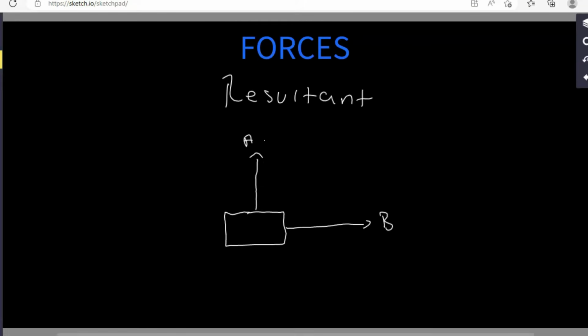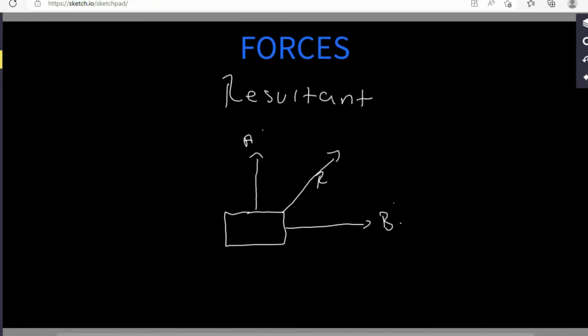If we are pulling the block in that direction and in that direction, where will this block travel to? It will be going in that direction. Meaning, if we were to get one force that can replace these two forces, it must be applied in that manner. This force is the resultant force of force A and force B.